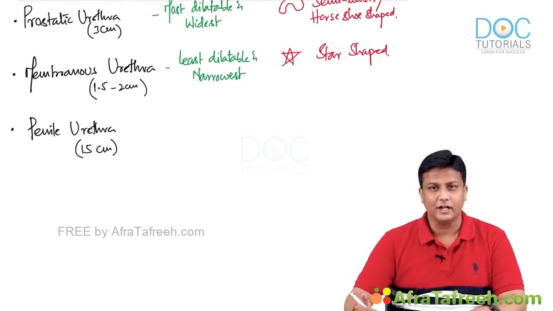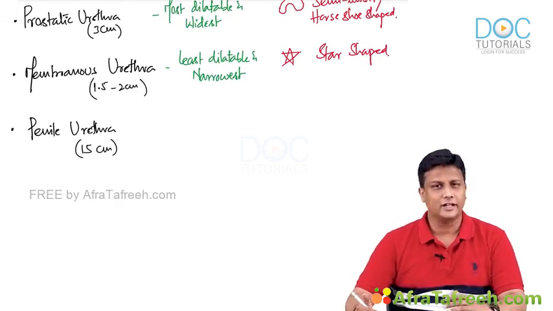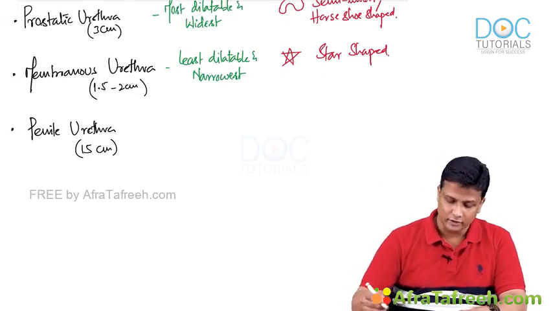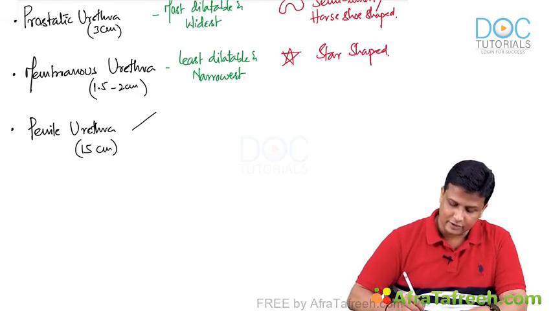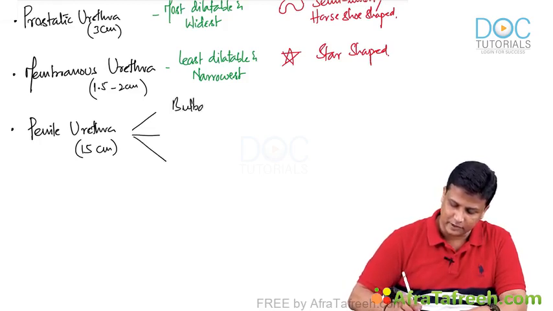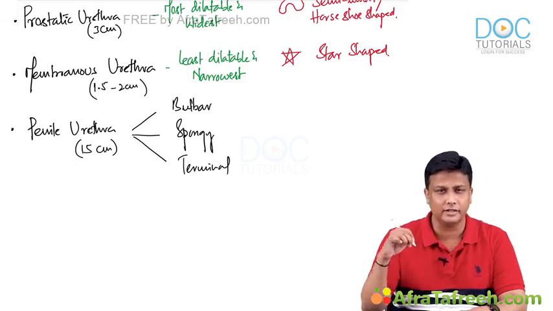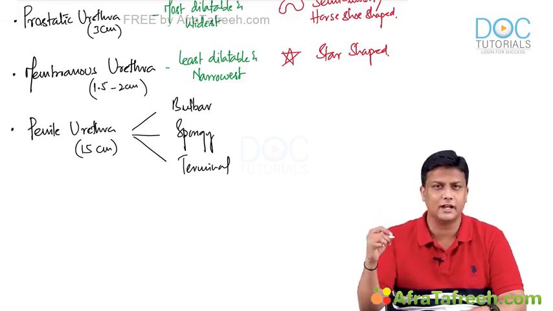Now when it comes to penile urethra, again we can further divide it. The one which is present in the bulb of the penis will be bulbar urethra, and the remaining in the penis will be the spongy urethra, and even the terminal part of the urethra, the last part, where it opens into the glans penis.